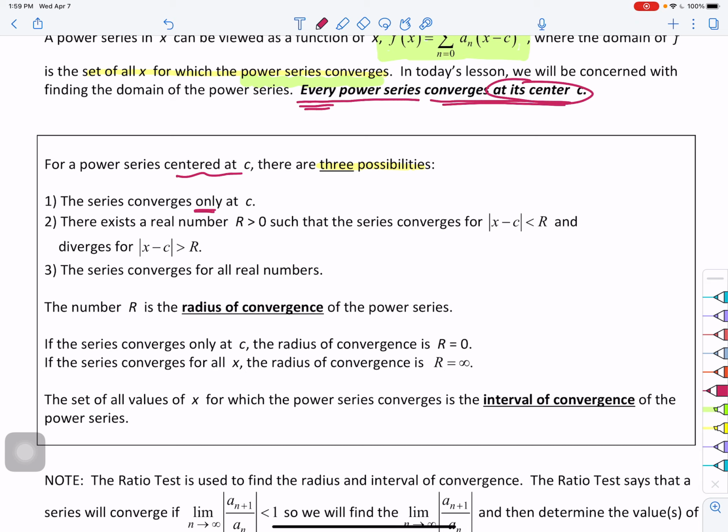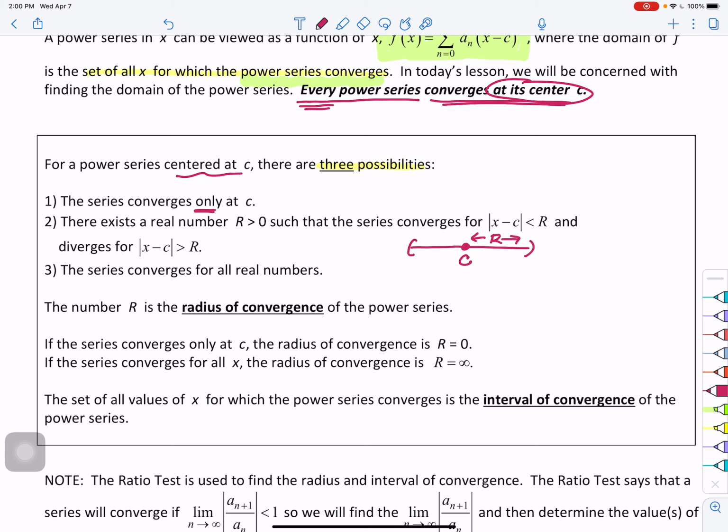So what is this here? You could look at it like this. Here is your center. We always converge at the center. Here is a distance, capital R, and so these would be your x values, |x minus c|. So that would be what we call the interval of convergence.